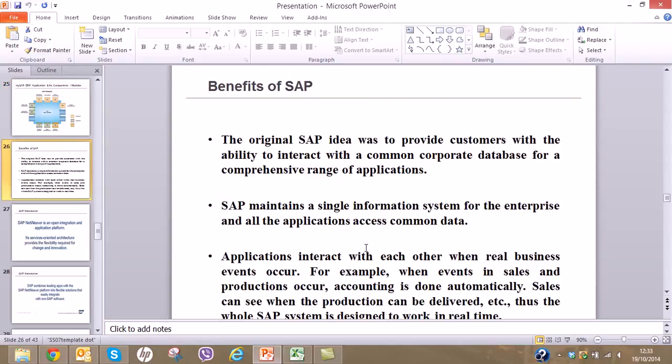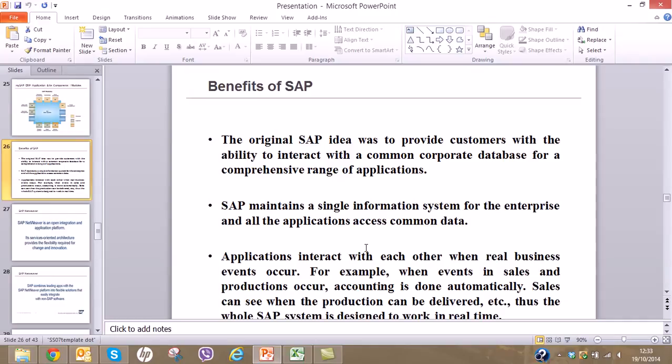Benefits of SAP. The original SAP idea was to provide customers with the ability to interact with a common corporate database for a comprehensive range of applications. I have already explained this, but I will repeat it. Organizations used to use different software packages. Let's say I am HR, he is FI, you are SD, he is MM.